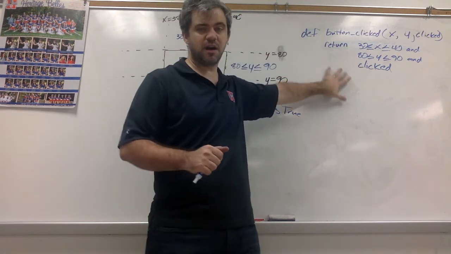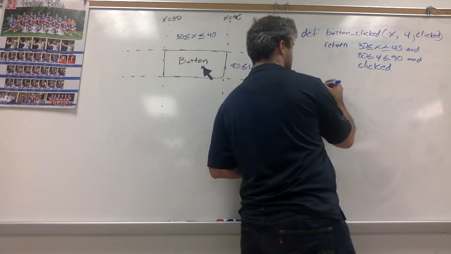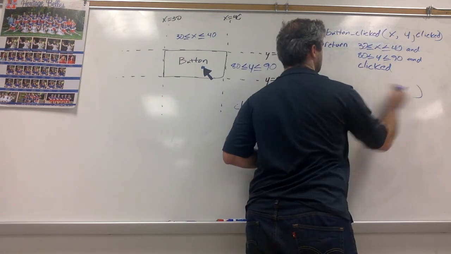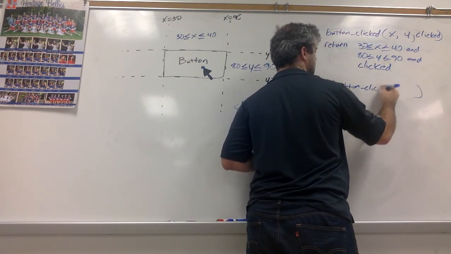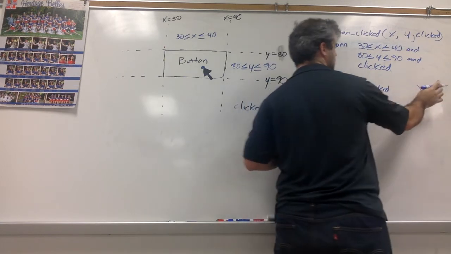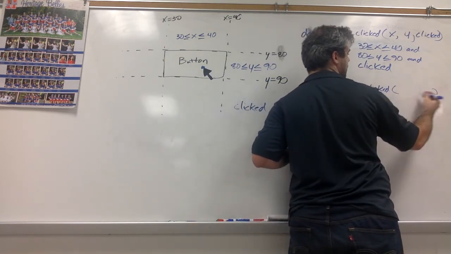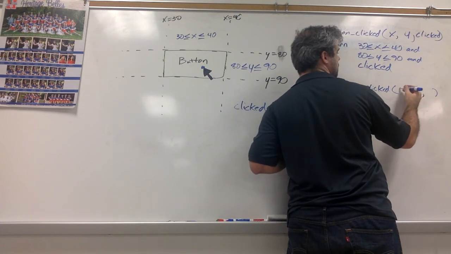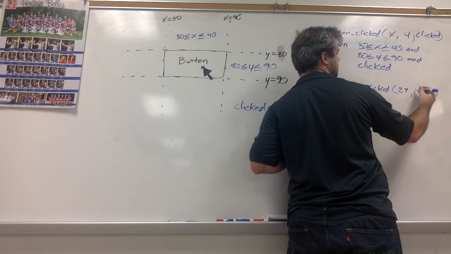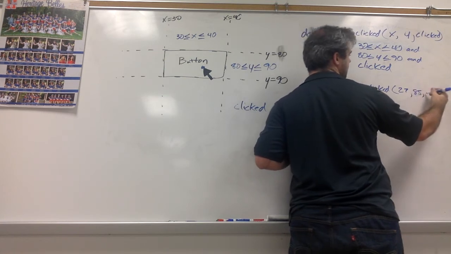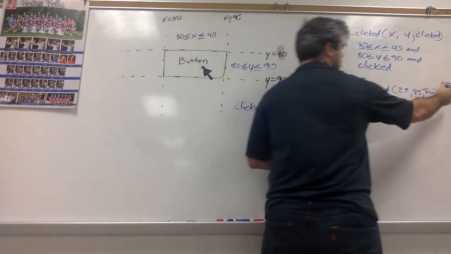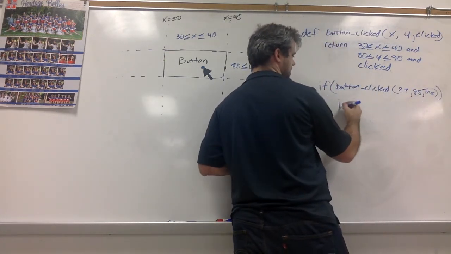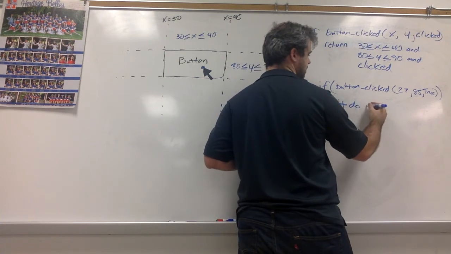The reason we did all this is so that afterwards we could just say if button clicked, and we have to give our three parameters here. So maybe 27, 85, and true. If the button was clicked, then we will do something.